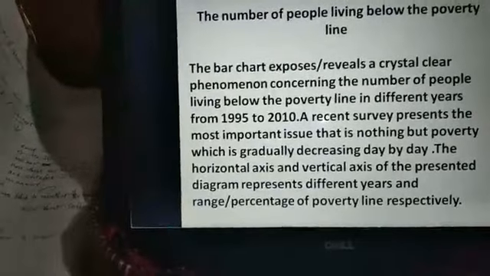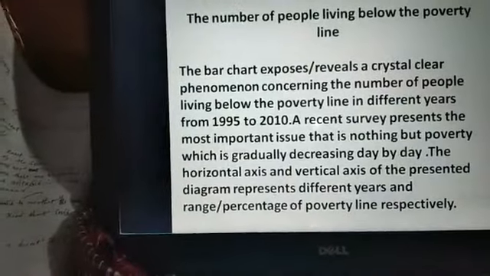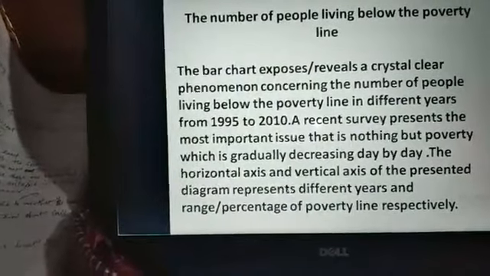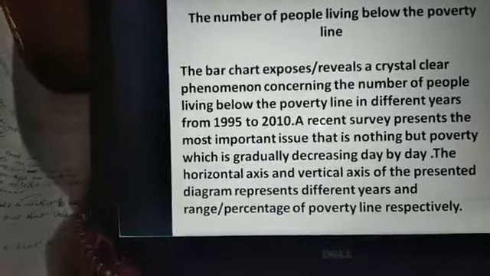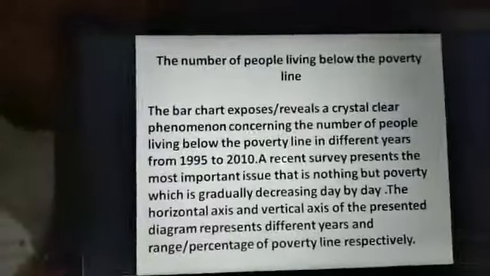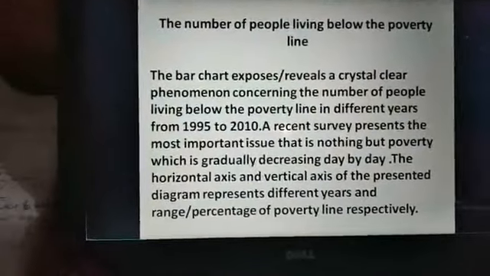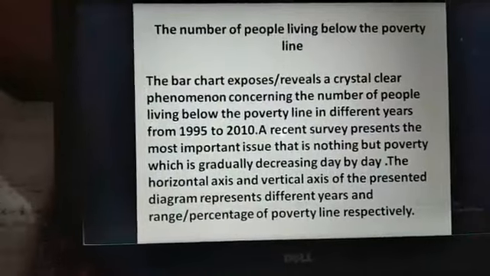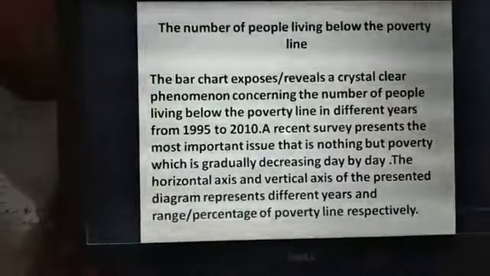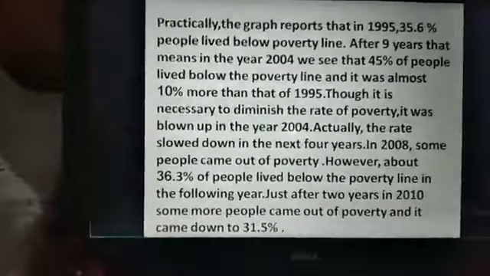Perhaps you will find a graph and chart about coronavirus. Then you will say a recent survey presents the most important issue, that is nothing but coronavirus, which is gradually increasing or decreasing day by day. The horizontal axis and vertical axis of the presented diagram represent different years and range or percentage of poverty respectively.